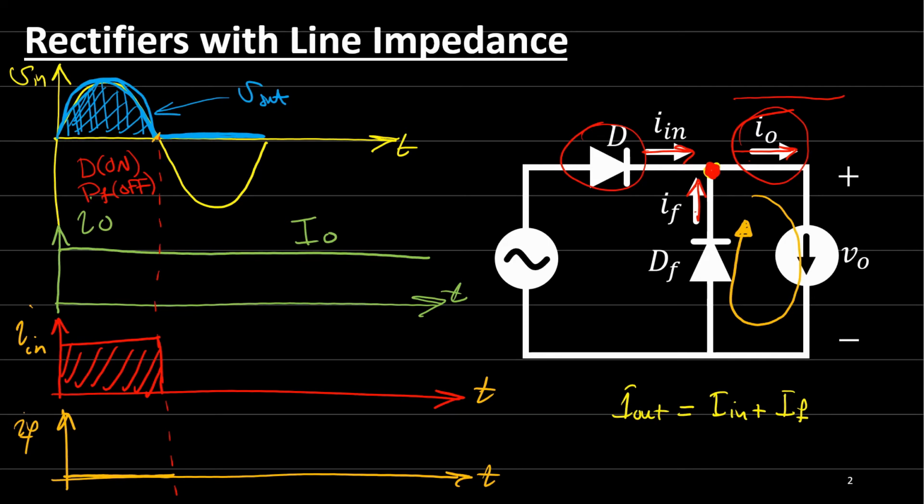So at this point, this freewheeling diode current will jump directly to the output current value. If you sum the input and the freewheeling diode current, you'll find that this is exactly the output current.